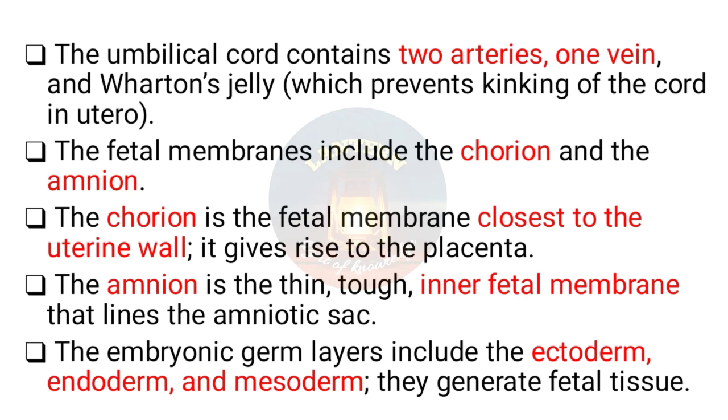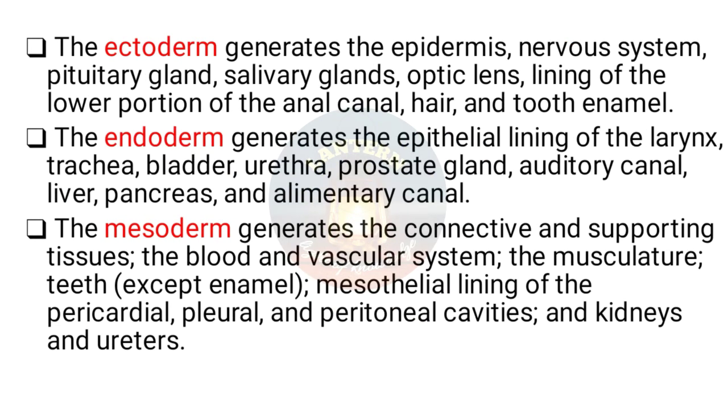They generate fetal tissues. The ectoderm generates the epidermis, nervous system, pituitary gland, salivary glands, optic lens, lining of the lower portion of the anal canal, hair, and tooth enamel. Endoderm generates the epithelial lining of the larynx, trachea, bladder, urethra, prostate gland, auditory canal, liver, pancreas, and alimentary canal.